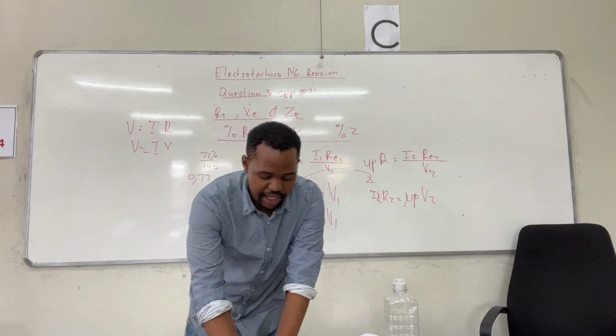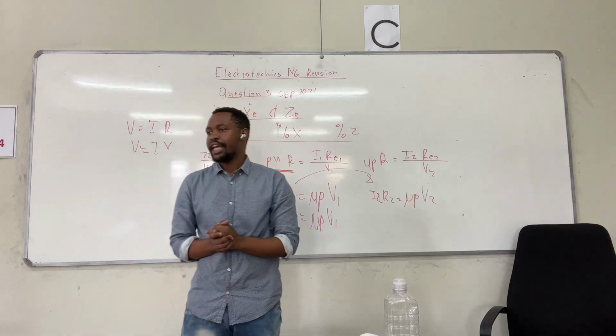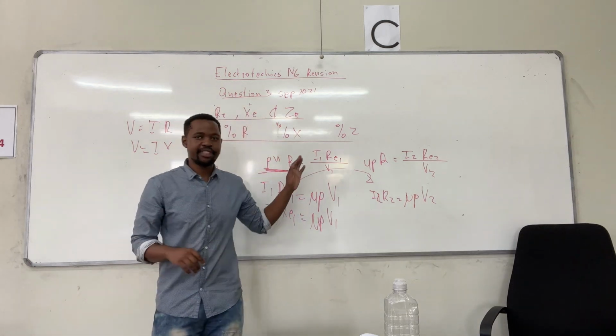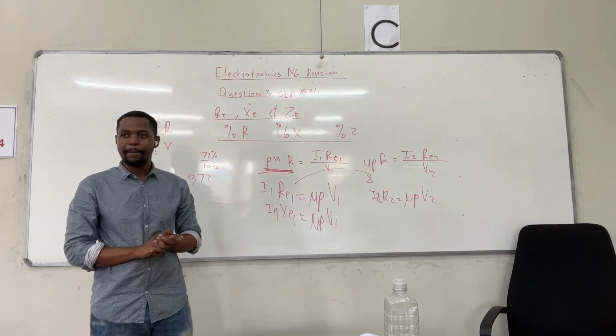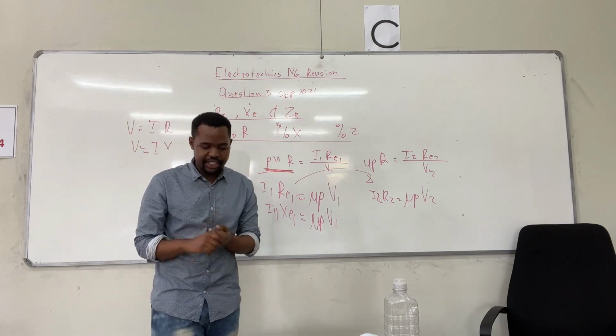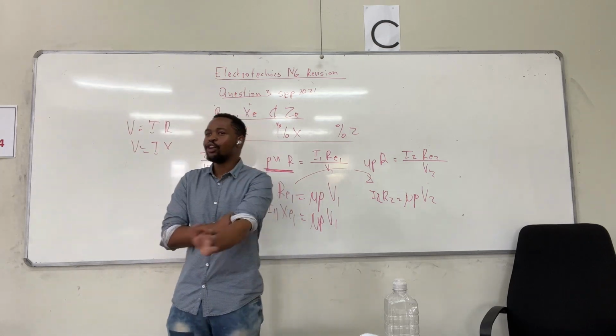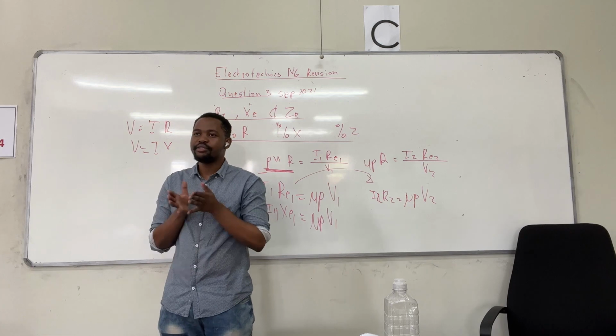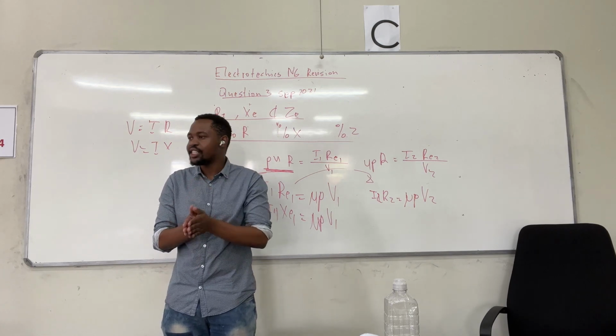Then lastly, let's look at voltage regulation. I think I've just explained it. With voltage regulation, guys, we want the output of a transformer to give us a constant voltage.